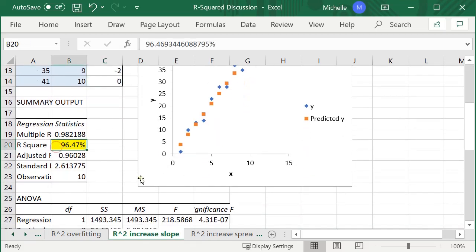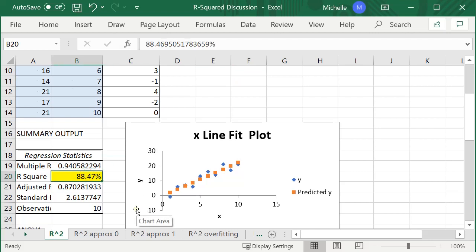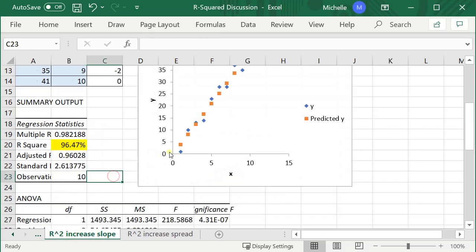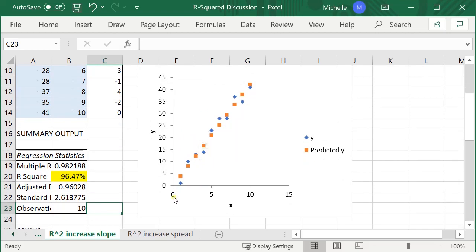So this isn't a better fitted model than the one that we ran the first time, right? Same model error. It's not a better fit model. It just has a steeper slope. Okay, so you have to be careful about this. With a steeper slope, your r squared can artificially get larger.